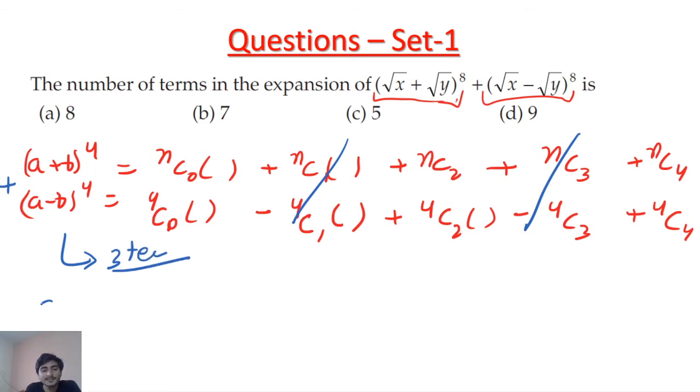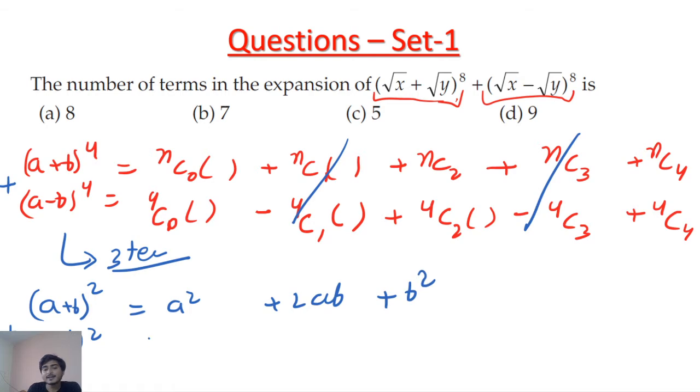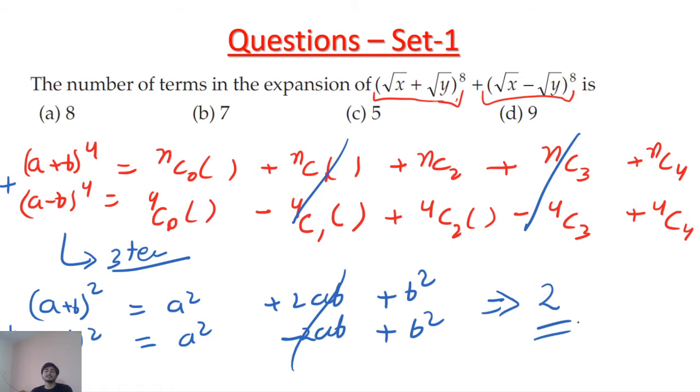Now let's try this with (a + b) whole square only. So you can see a^2 + 2ab + b^2, and then a^2 - 2ab + b^2, right? In this case, again this cancels. So how many terms are left? 2 terms. Is it clear or not?